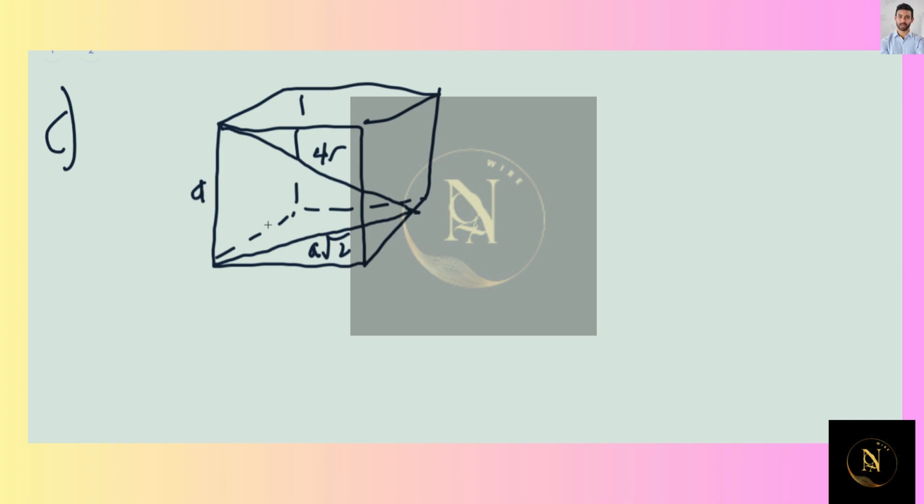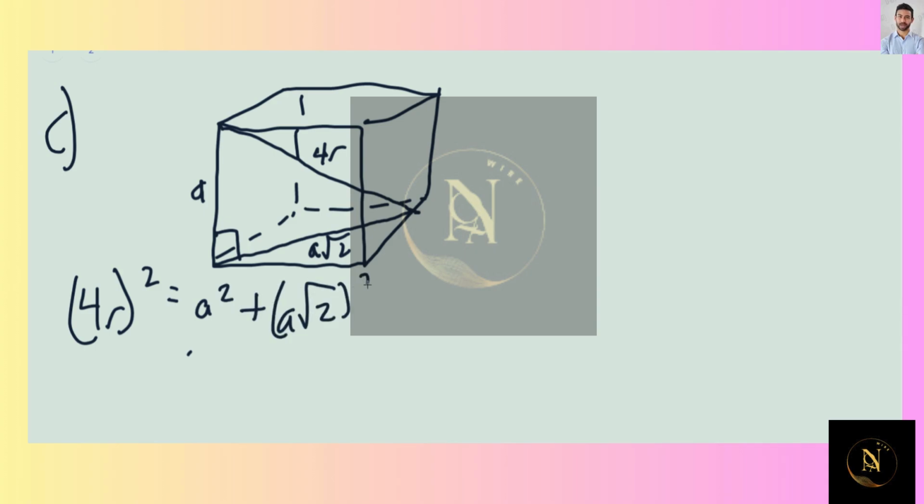To do this, this is a triangle with a right angle here, so we can use the Pythagorean theorem. We have 4r squared equals a squared plus a radical 2 squared. Solving this a little more, 16r squared equals a squared plus 2a squared.